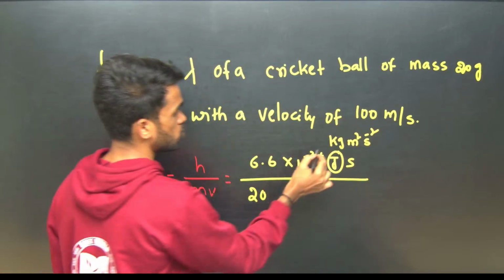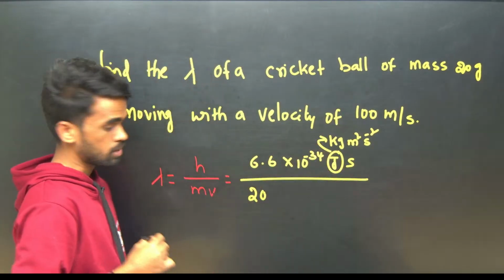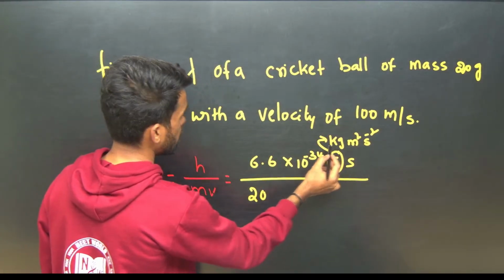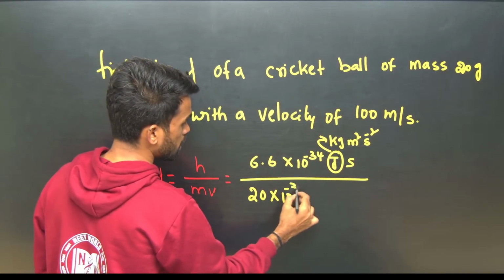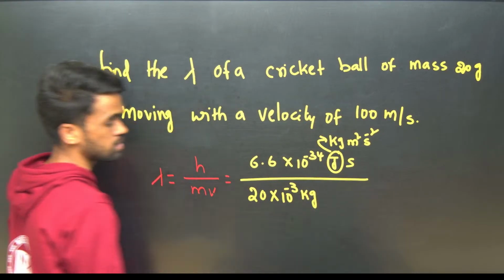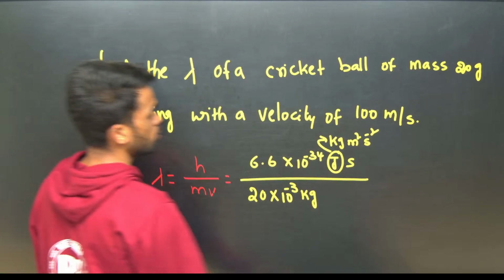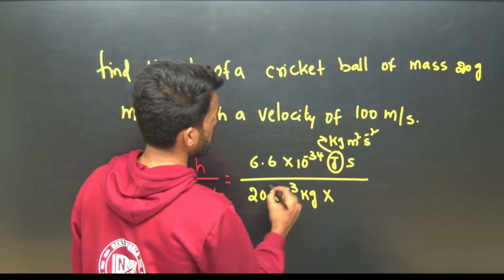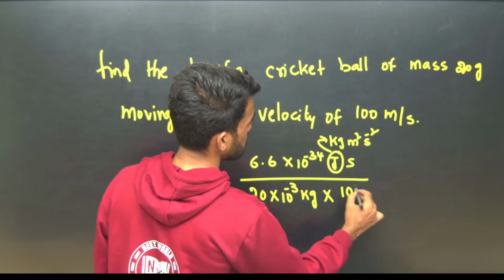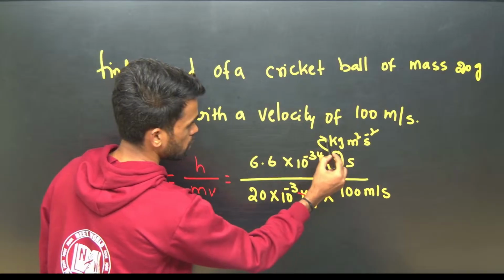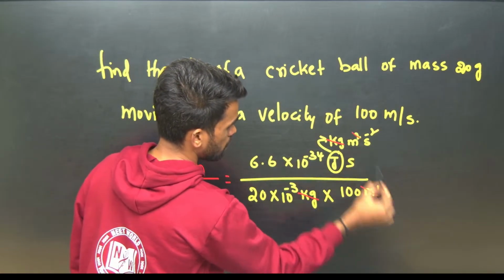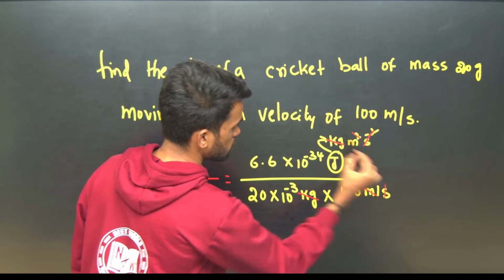In place of joules you can replace with this. Here we have kg and here we have grams, so you can convert 20 grams into 20 into 10 power minus 3 kg. Now you can remove kg. Velocity is given as 100 meter per second. So remove these units first: meter square and seconds.